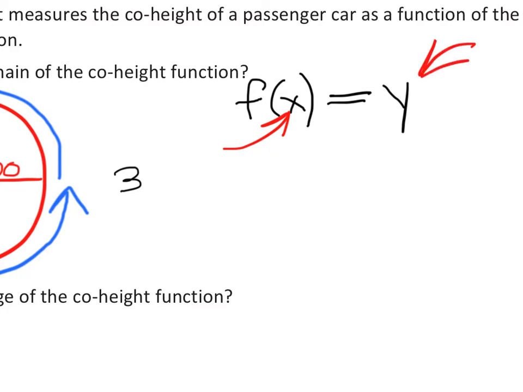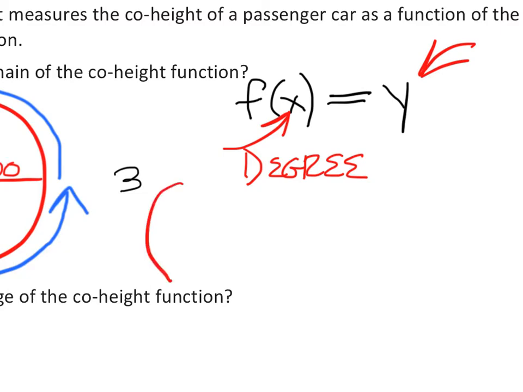What is the one piece of information that we always have for a car on a Ferris wheel? We don't know the height, we don't know anything yet, but we do start off knowing its placement, and that placement is measured in terms of what? Degrees. So you put degrees into the function, and whatever you put into the function, that is the domain.